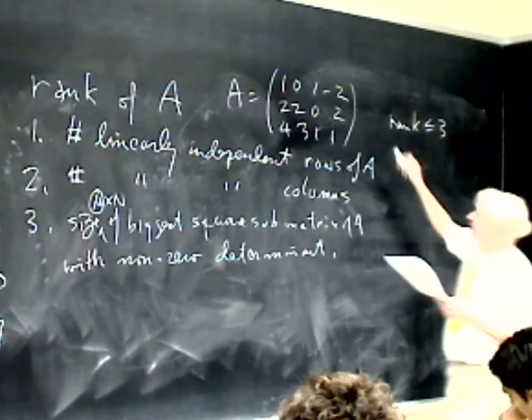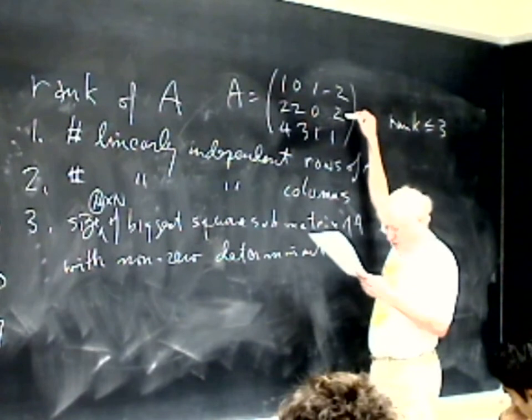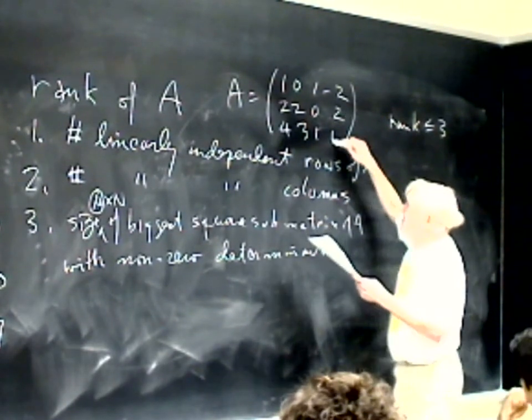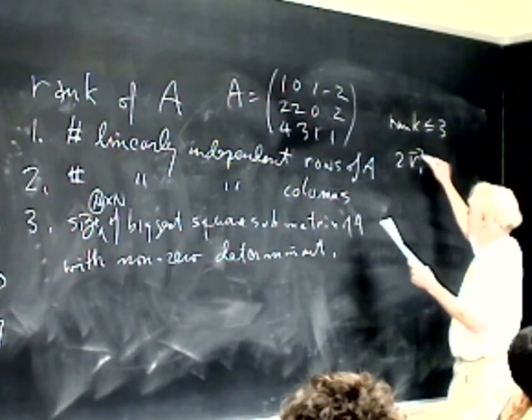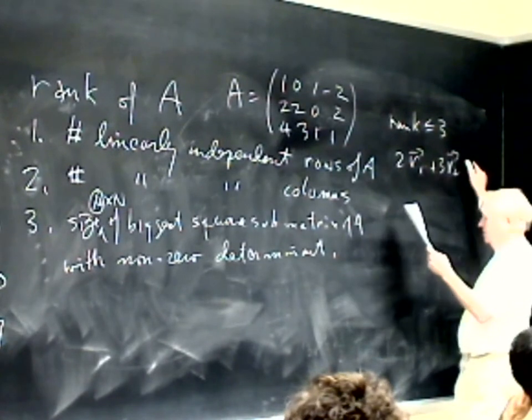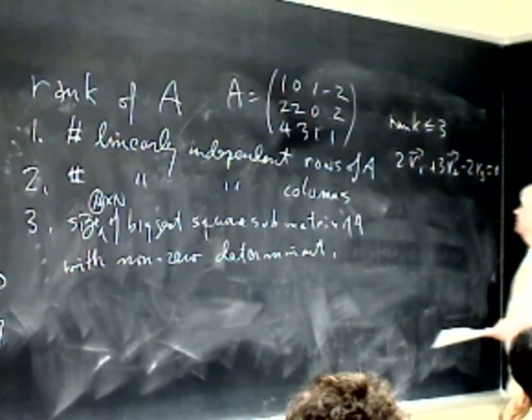Now, twice the first row plus thrice the second row equals twice the third row. So that is 2R1, which I guess I should write as a vector, plus 3R2 minus 2R3 equals 0.